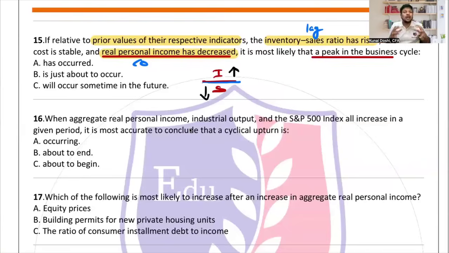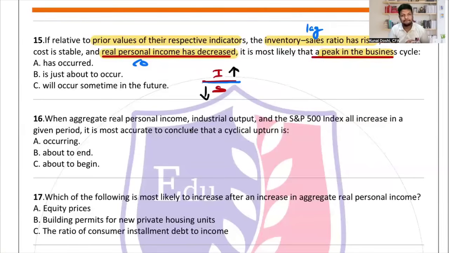That means you are unable to sell enough or your inventory is being accumulated. Correct? Since it's a lagging indicator, something has already happened. Your inventory has been accumulating from the past. Your sales have been dropping from the past. That means the peak, see, after the peak, there is a contraction. So the peak has arrived, is about to occur, or will occur.